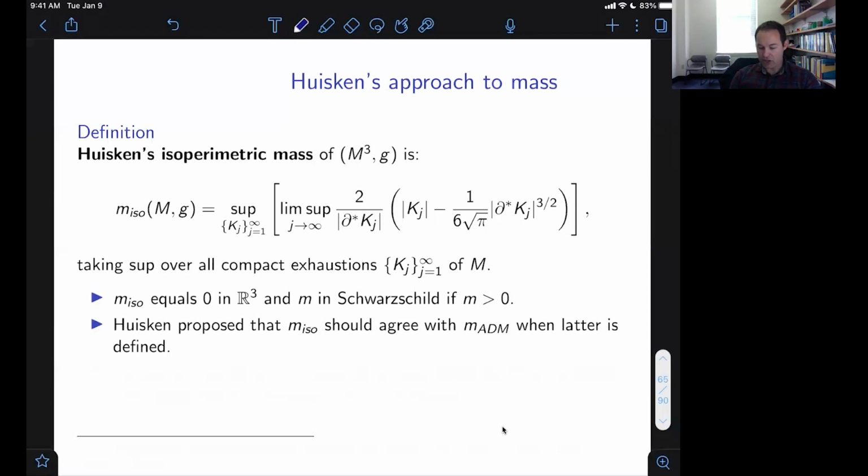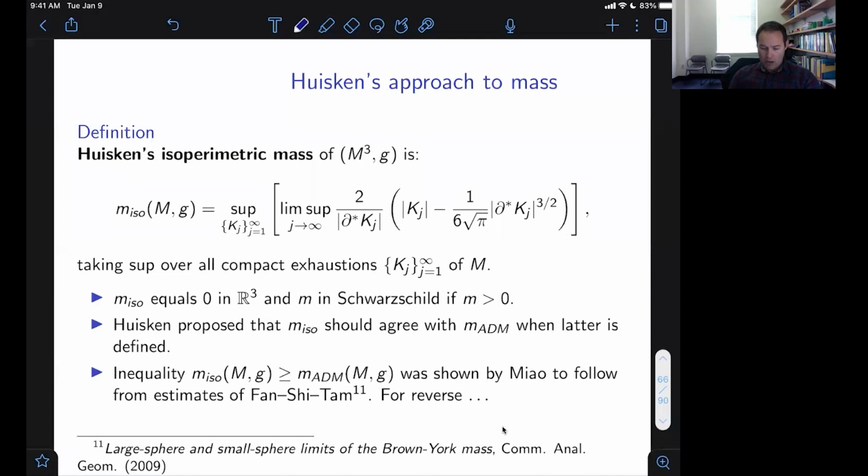If you want to call it a mass, you really should get the correct value in Schwarzschild. Huisken proposed that it should actually be the same thing as the ADM mass when the latter is defined. And because the isoperimetric mass is defined in more general settings, when you don't necessarily have derivatives, it would then be a generalization of the ADM mass. That is known to be true. One direction was observed by Pengzi to follow from results of Fan, Shi and Tam on large spheres in asymptotically flat manifolds.